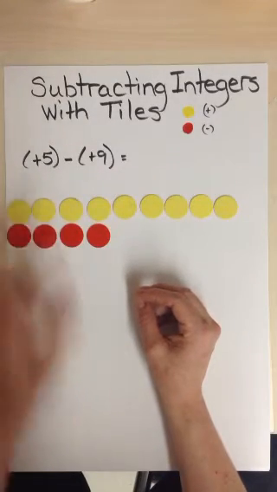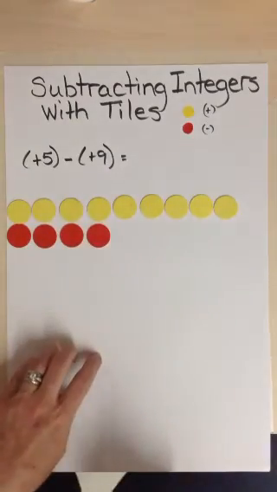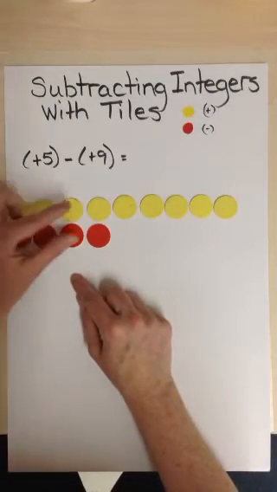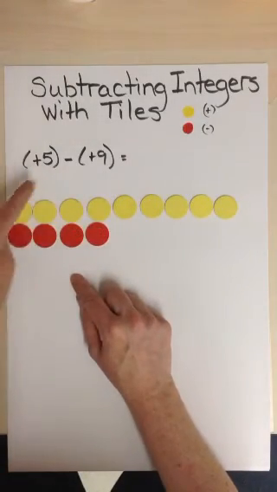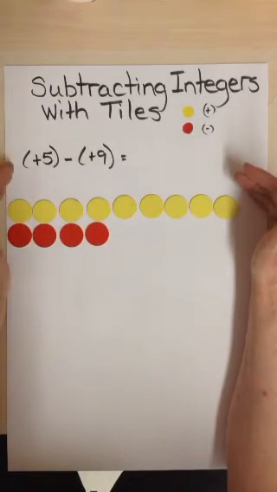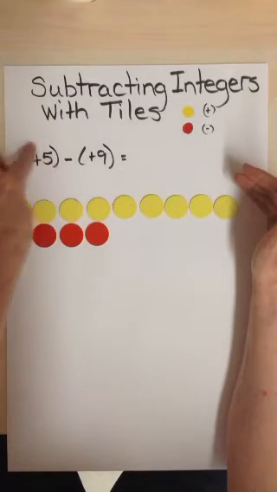Let's see. I had positive 5 here, and then I've got 4 more positive tiles here. Don't get confused. The zero pairs are together when we're tacking them on to continue modeling that positive 5. This is the only thing that I'm focused on right now about modeling.